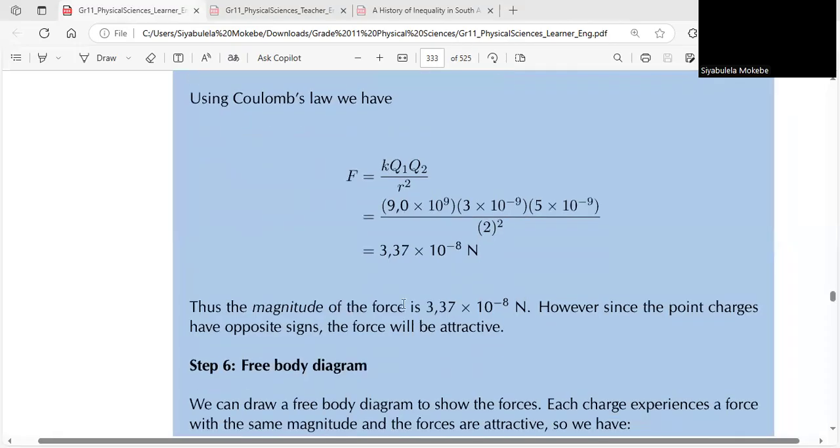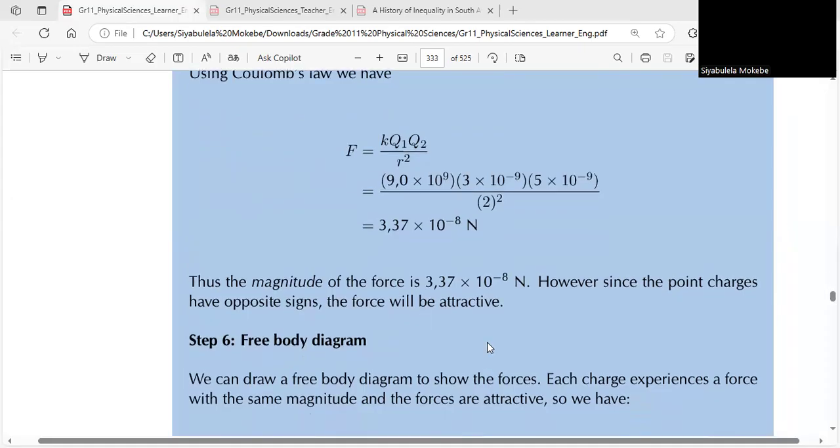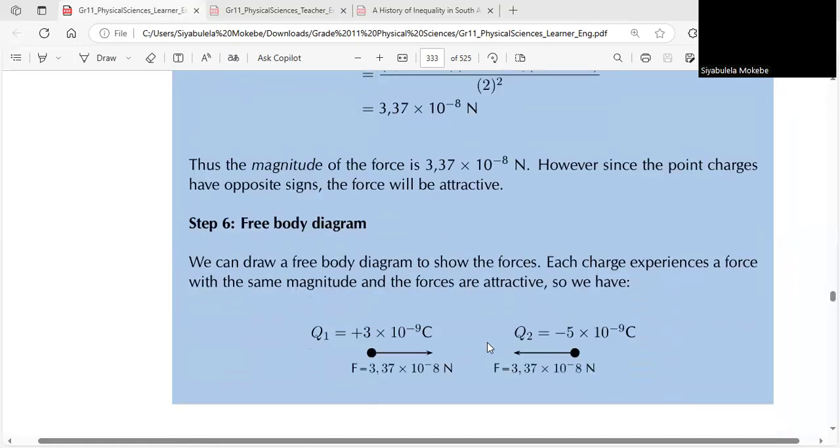Thus, the magnitude of the force is 3.37 times 10 to the negative 8 newtons. However, since the point charges have opposite signs, the force will be attractive. Then we can draw a free body diagram to show the forces.